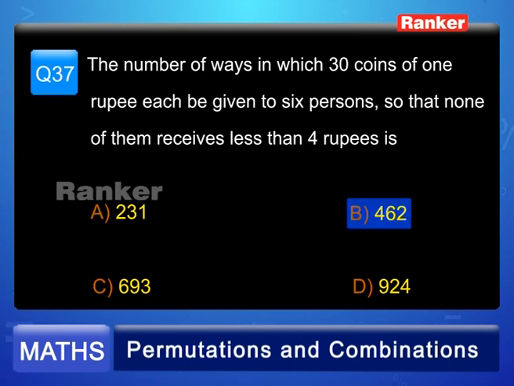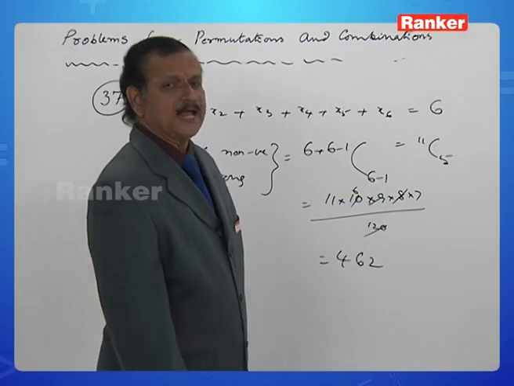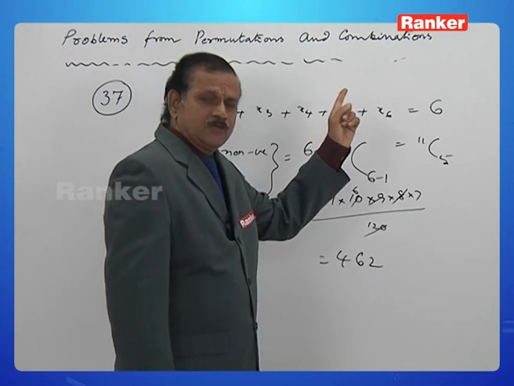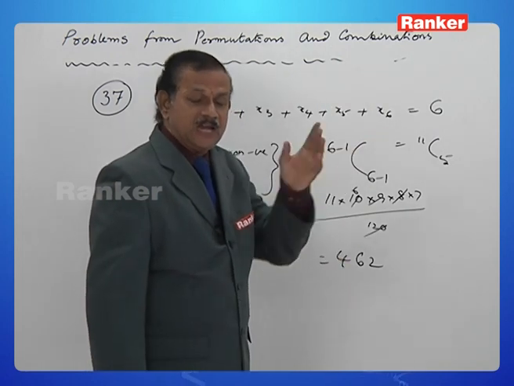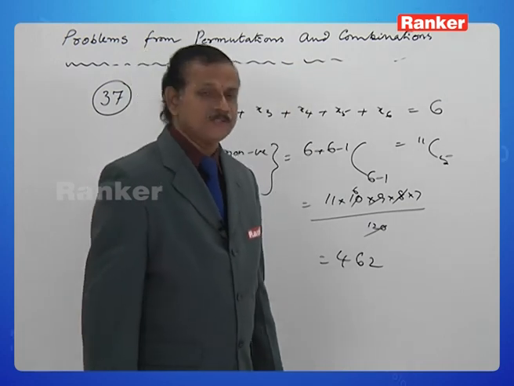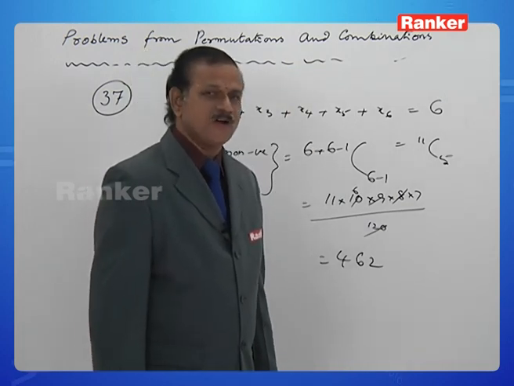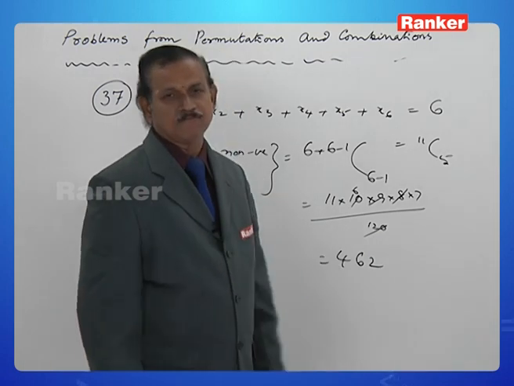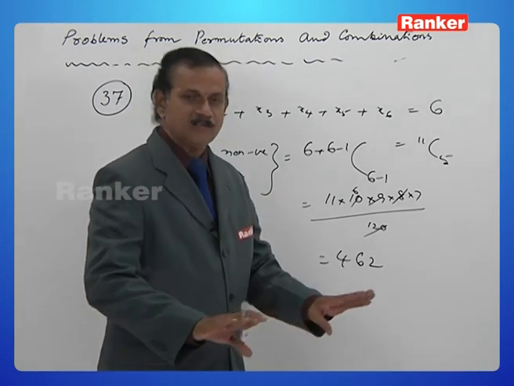Answer is 462. The basic idea here that one must possess is there has been a minimum requirement for each of the persons. Let us first fulfill that minimum requirement by distributing 4 coins each in the beginning itself, so that 24 coins have been expended.